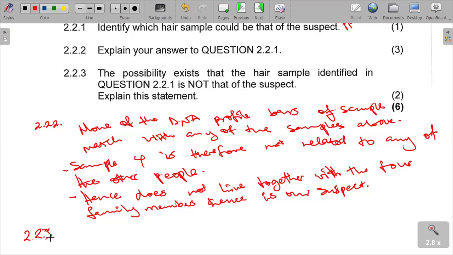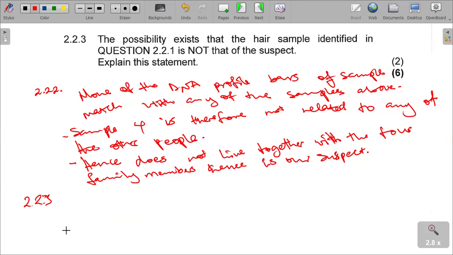This question, class, relates to a situation similar to the one I explained in my previous presentation, where I provided you with a scenario of a DNA sample found at a crime scene, and explained why a certain person cannot conclusively be said to be the owner of the DNA sample.